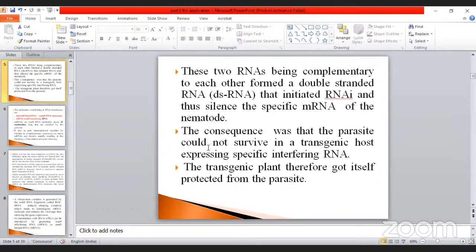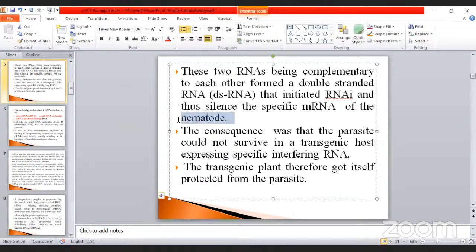And next one is, see, these two RNAs being complementary to each other formed a double-stranded RNA. Which ones? mRNA as well as the interfering RNA. Both come close together. As a result of the formation of the double-stranded RNA molecule, RNAi is initiated, silencing the specific mRNA of the nematode.